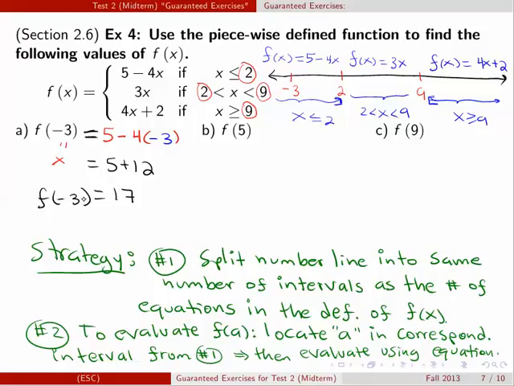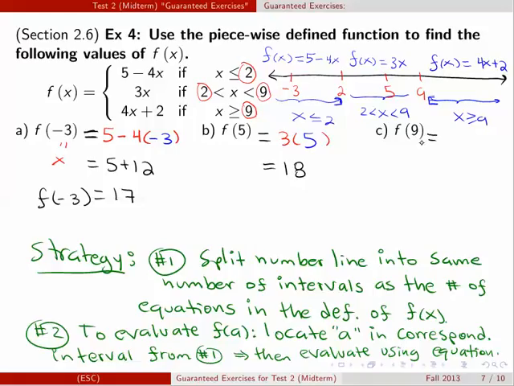For part B, we first locate 5. 5 is between 2 and 9, and so to evaluate part B, we plug 5 into formula 3x. We replace x with 5 and simplify. And then last, for f of 9, we see that 9 is in this interval.